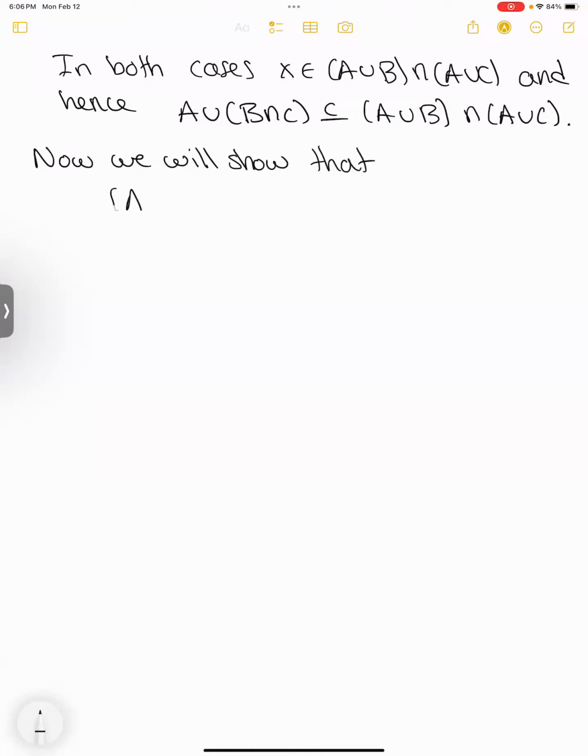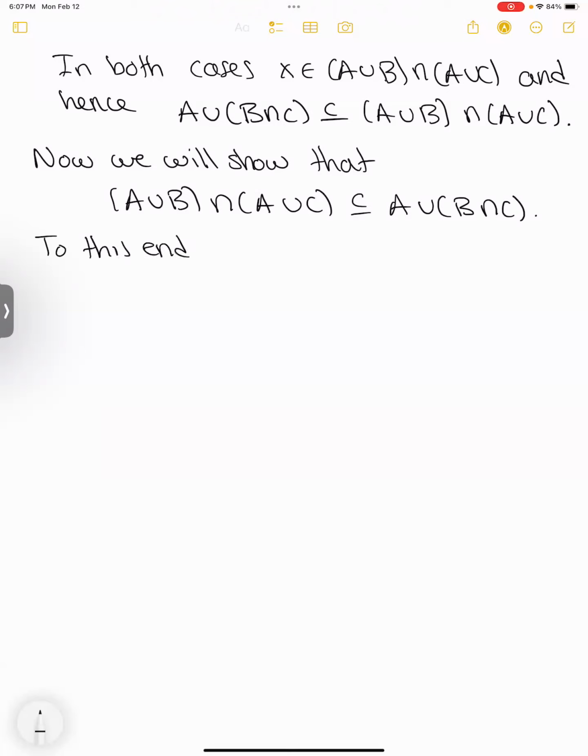So we want to say that A union B intersect A union C is a subset of A union B intersect C. Okay, so to this end, let X be in this A union B, intersect A union C.